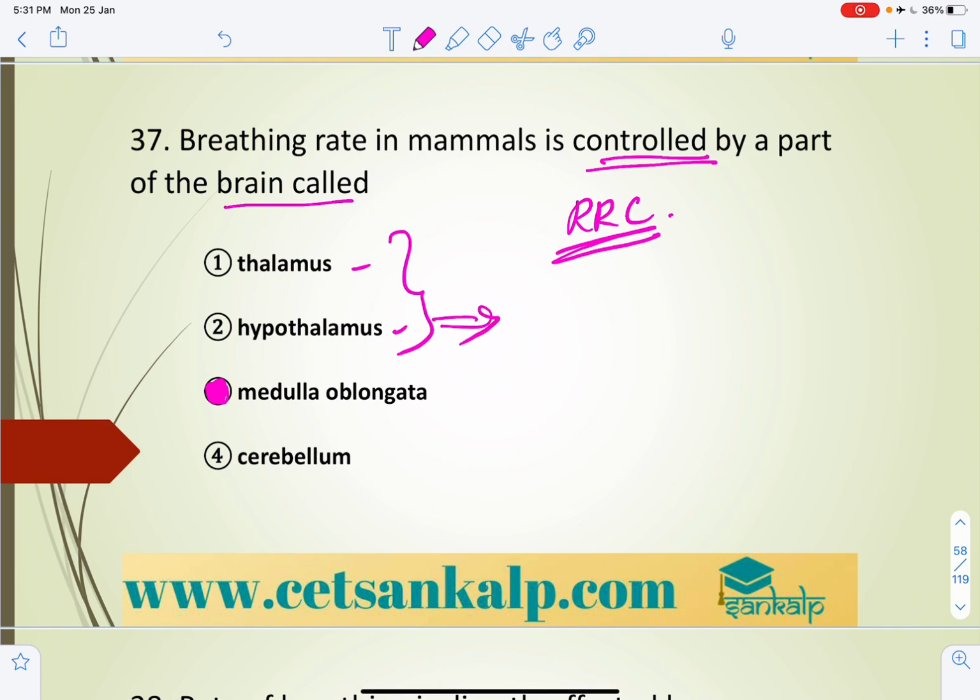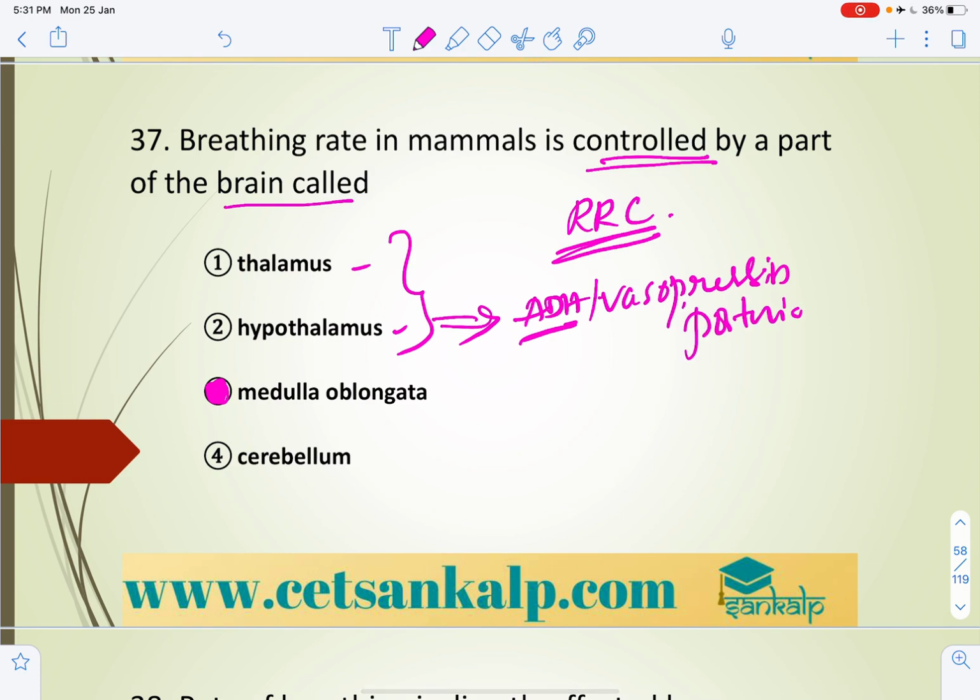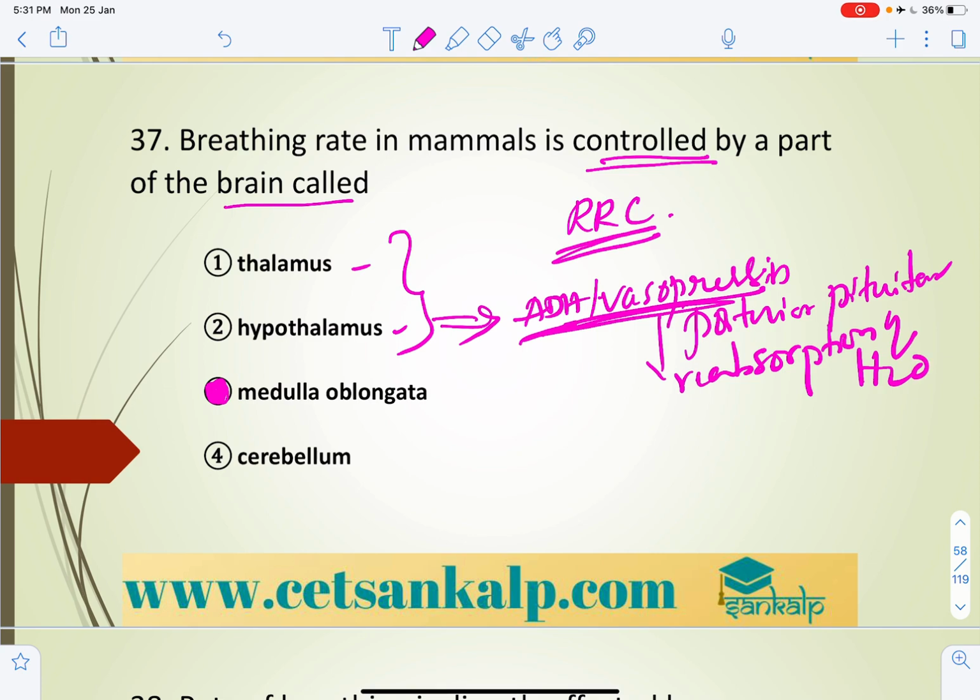One such example is the release of ADH, which we'll study in the excretory system. The hypothalamus stimulates the posterior pituitary to release ADH, which helps in the reabsorption of water. So the breathing or respiratory rhythmic center is the medulla oblongata.